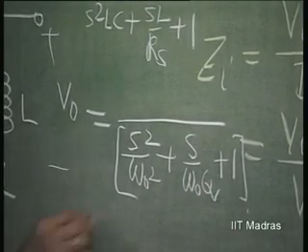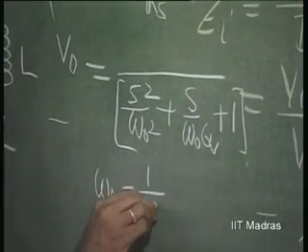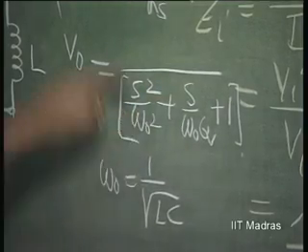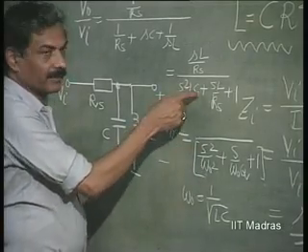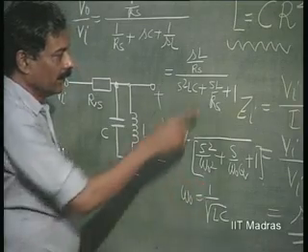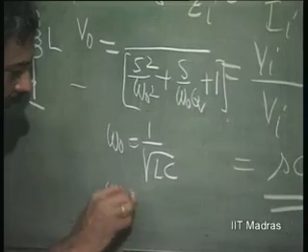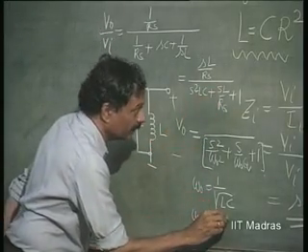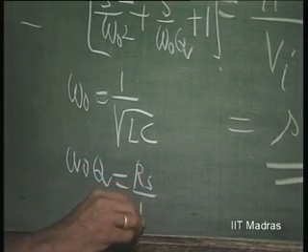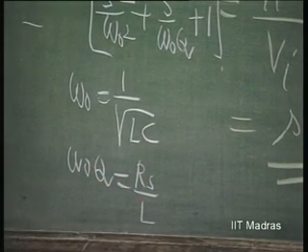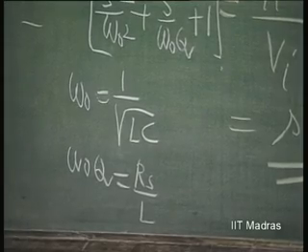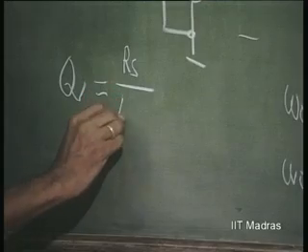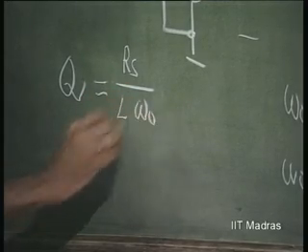So, omega naught is equal to 1 over root Lc. By comparison you can see 1 over omega naught squared is equal to Lc, omega naught is equal to 1 over root Lc, and omega naught Q is nothing but Rs divided by L. So, you can write Q, the quality factor, as Rs divided by L into omega naught.